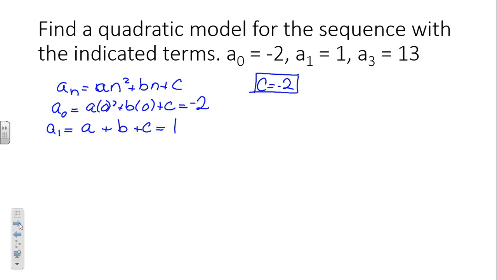And thirdly, they gave us the third term, right? So when n is 3, we're going to plug 3 in everywhere we see n. So we will have 9a plus 3b plus c, and that's equal to 13.